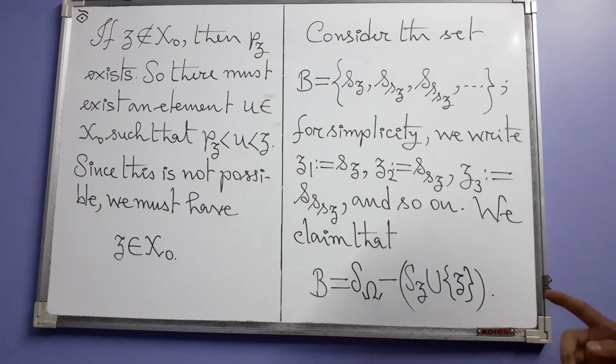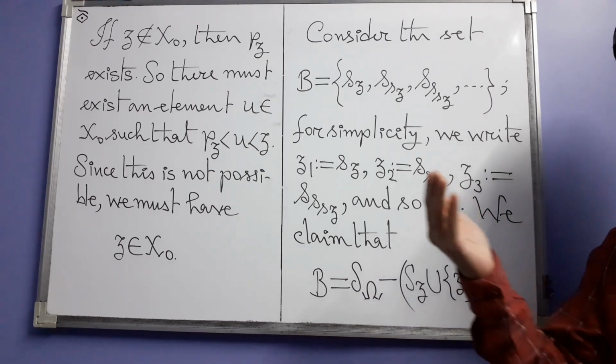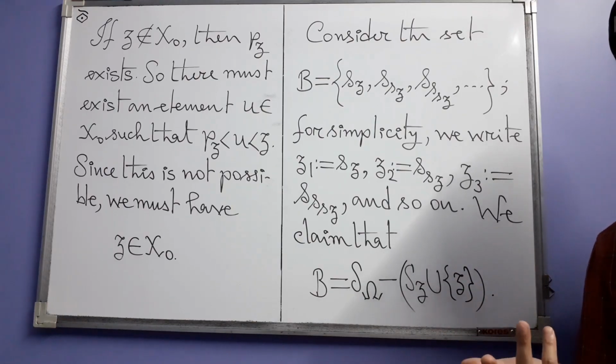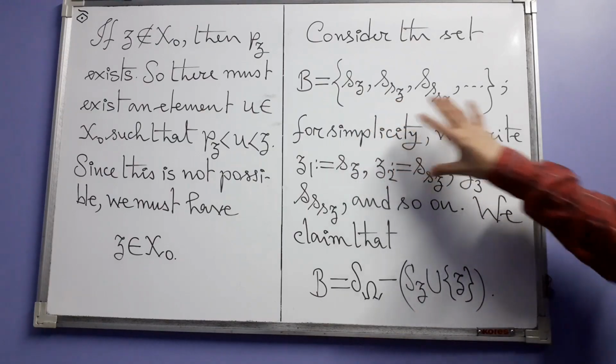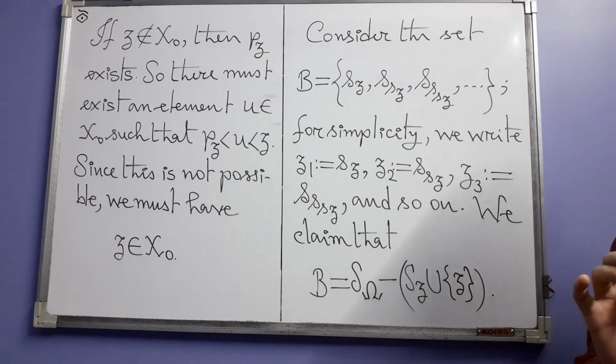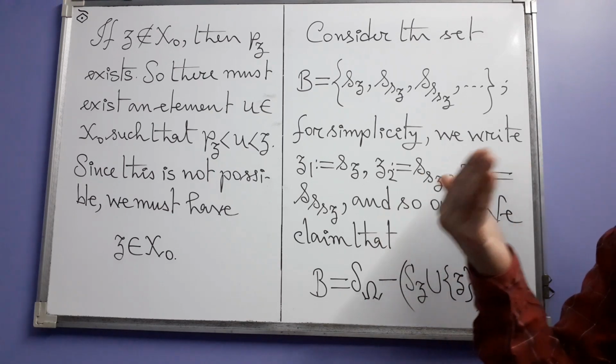Well, do you remember that at one point we proved, or in fact just observed, I should not maybe say prove, because it's a very simple thing, that in any well-ordered set, except the last element, every element has an immediate successor.